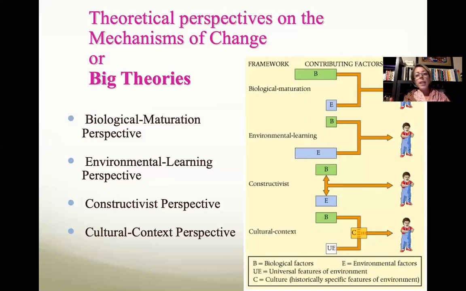And then the last one here is the cultural context perspective. This one is closest to what I have been trained in. This is a slight change on the constructivist perspective, but looking at biological maturation and some universal aspects of the environment.